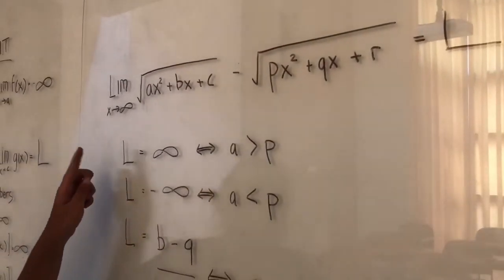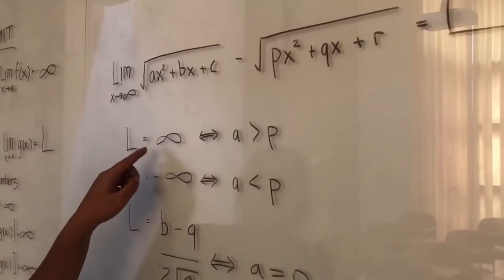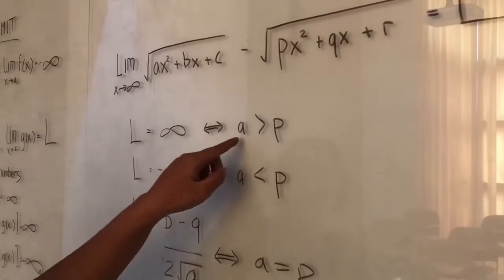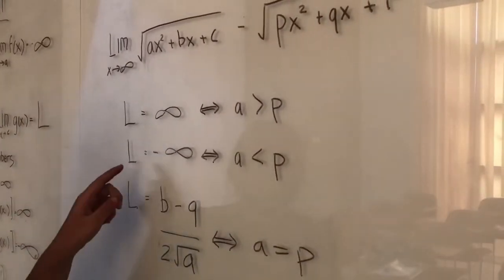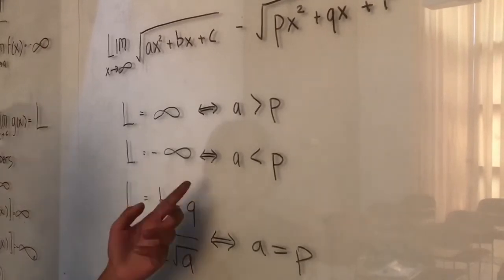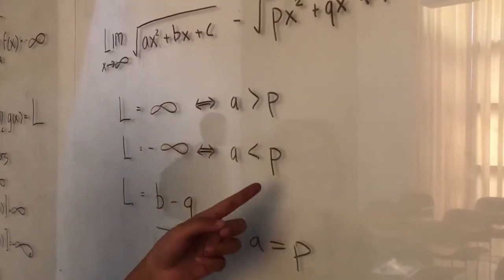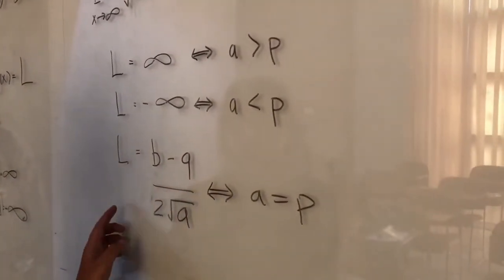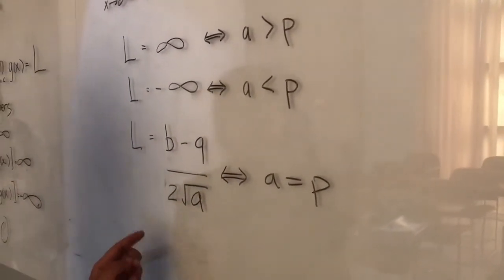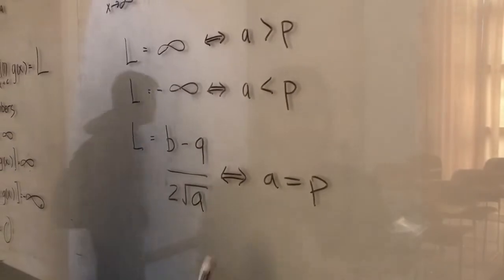So the result L equals infinity applies if a is greater than p, and L equals minus infinity applies if a is less than p. L equals b minus q over 2 square root of a, and it applies if a equals p.